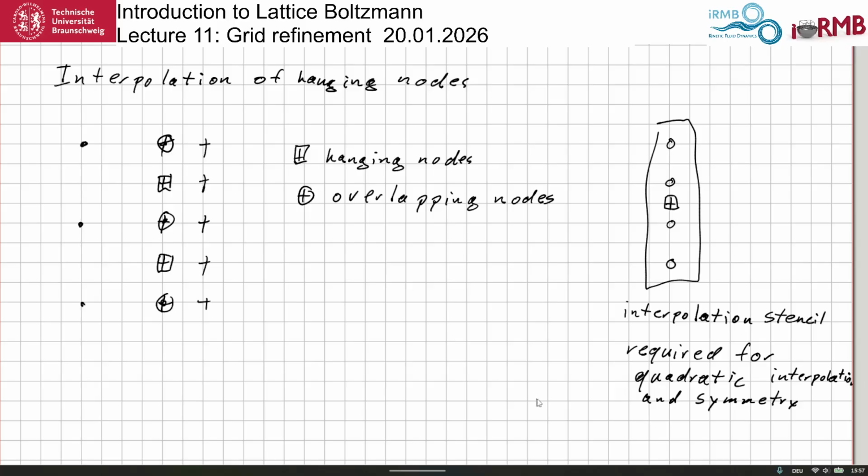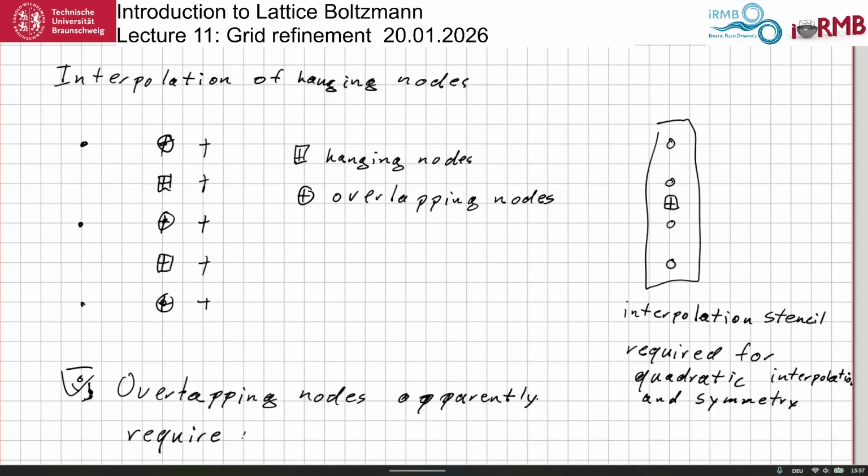And the thing here is that the overlapping nodes still require interpolation in time, but not in space. Apparently they require no interpolation in space.